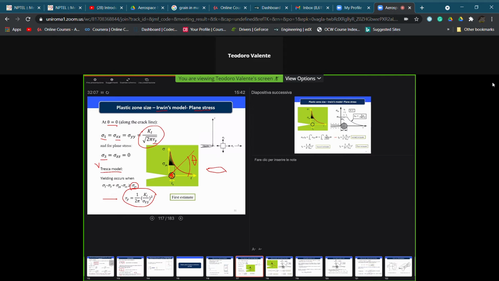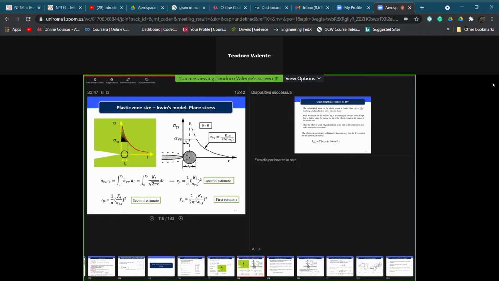If we are discussing a crack which is made in this way, we need to make this consideration on the right side of the crack, but also on the left side of the crack. This happens on both sides of the crack. But in this way, we can have a first estimation of the plasticity radius of the circular area starting from the crack tip, in which we decide, according to this model, that the stress is equal to the yielding stress of the material itself.